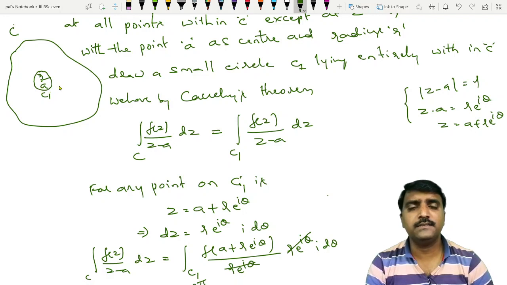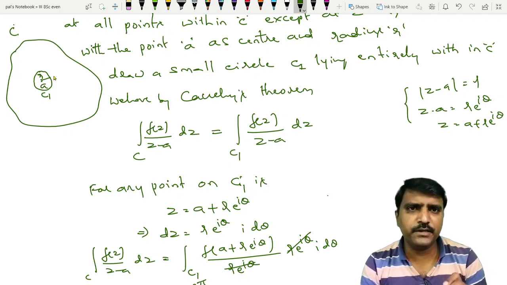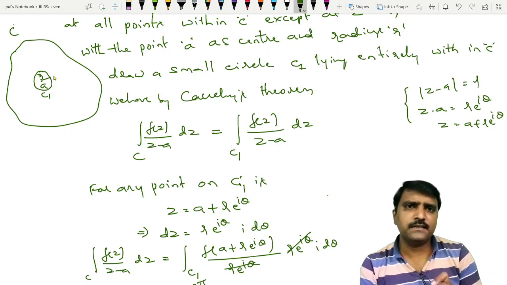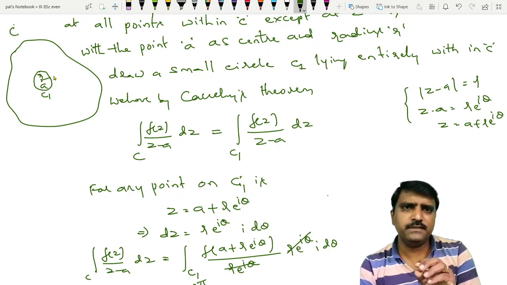We considered a circle with radius r, but we can consider a circle with r/2 also, so we can keep decreasing the radius, because we have not particularly mentioned the radius of the circle C1. It should be as small as possible, so r should tend to 0.